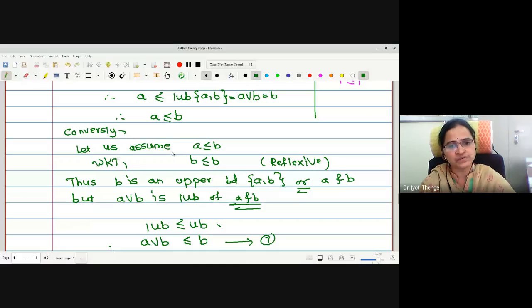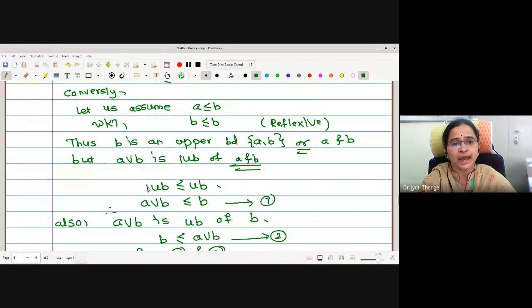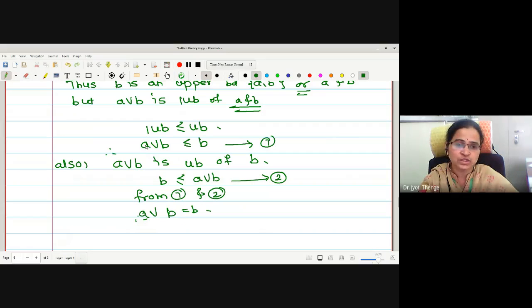Next, conversely, we will assume A precedes B, and the aim is to prove A join B is B. With the reflexive relation, B also precedes B. Therefore, B is an upper bound of both A and B. And we know A join B is the least upper bound of A and B. Therefore, the least upper bound is always less than or equal to the upper bound, so A join B is less than or equal to B. Let me call it 1.